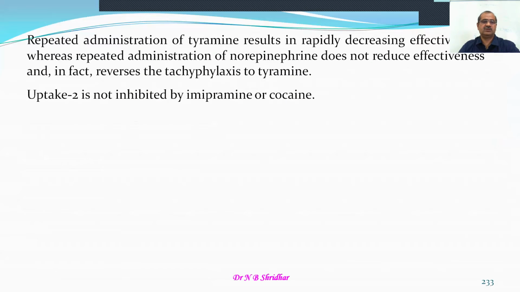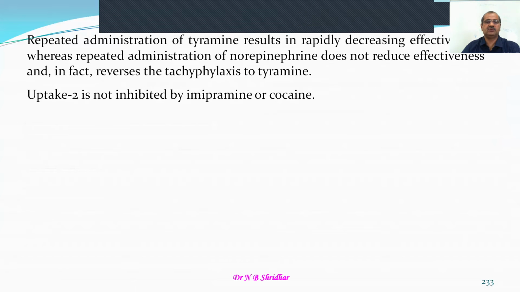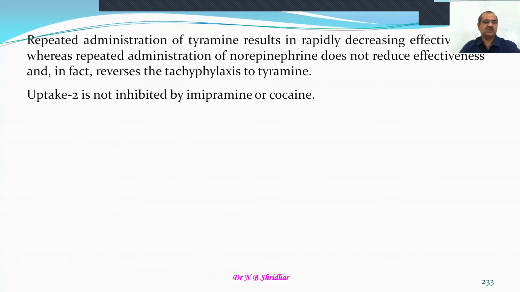Repeated administration of tyramine, ephedrine and amphetamine, which displace the neurotransmitter from the binding site, causes rapidly decreasing effectiveness, whereas repeated administration of norepinephrine does not reduce effectiveness, and in fact it reverses the tachyphylaxis to tyramine. So the indirectly acting sympathomimetic amines displace the norepinephrine from the binding site.